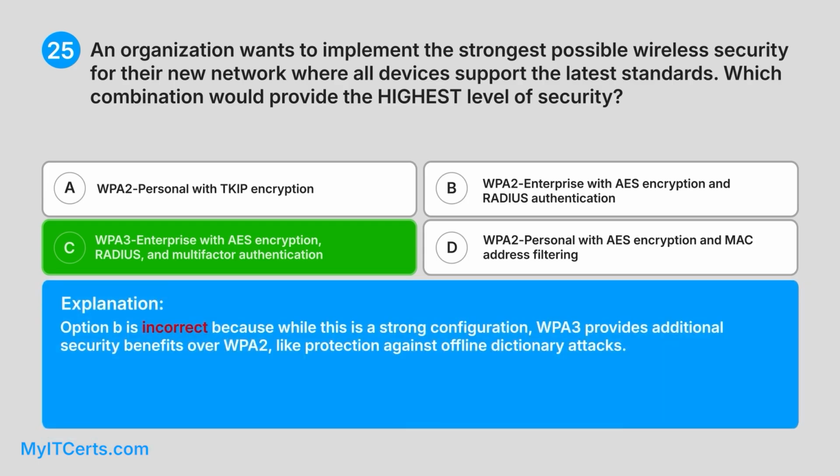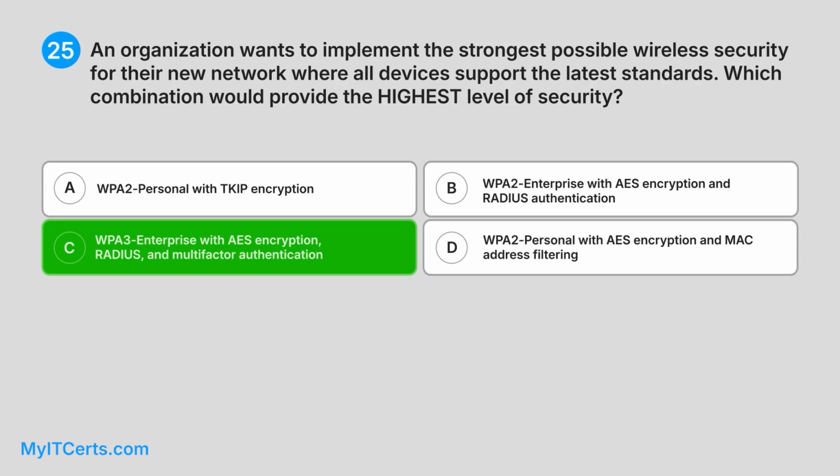Option B, WPA2 Enterprise with AES encryption and RADIUS authentication, is incorrect because while this is a strong configuration, WPA3 provides additional security benefits over WPA2, like protection against offline dictionary attacks.